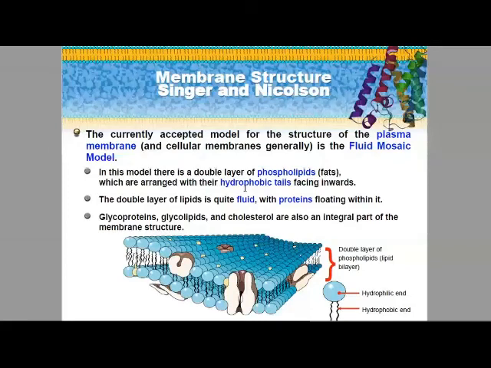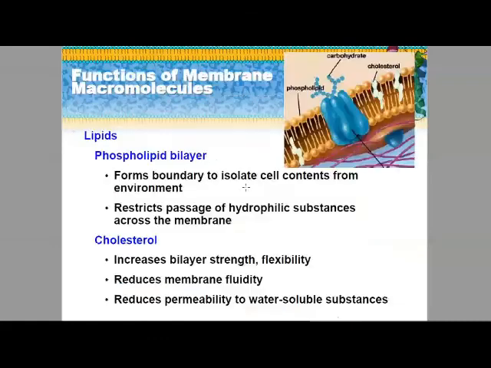It also consists of a phospholipid bilayer, similar to Davson and Danielli, in the same arrangement: the hydrophilic portion of the phospholipids exposed to either side of the hydrophilic environments in the cell, the inner and the outer environment, and both sections of hydrophobic tails of the phospholipid bilayer are facing inwards in the opposite direction. Okay.